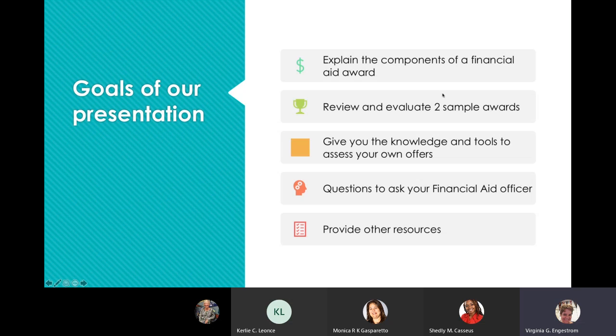We're also going to review and evaluate two simple awards, and give you a lot of knowledge and tools to assess your own offer. At the end, I put some questions that you should ask a financial aid officer if you're still unsure about what you're going to pay at the end. And I will provide other resources for you.